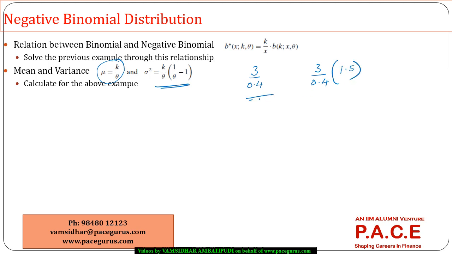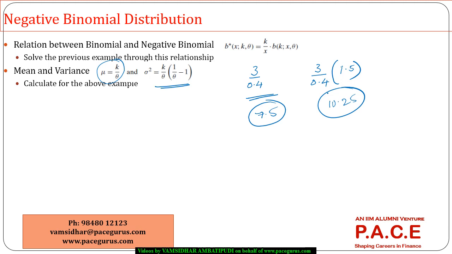So the mean is 3 by 0.4, which is 7.5. The variance is going to be 3 by 0.4 into 1.5, that is 7.5 into 1.5, making it 10.25. That's how we compute the mean and variance for the negative binomial distribution.